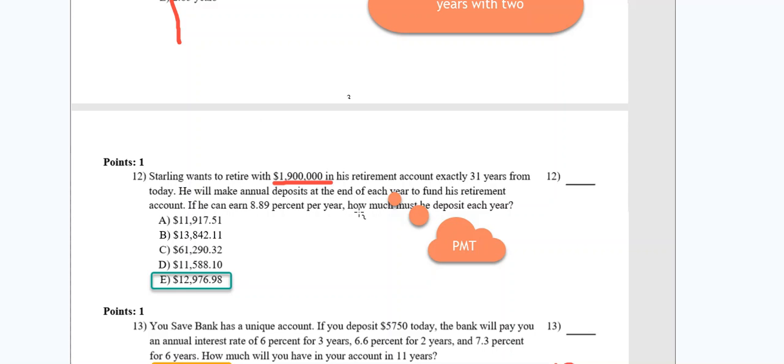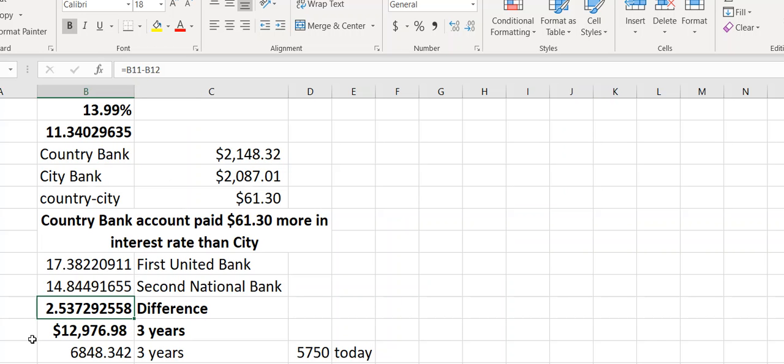So that means PMT function application. Each year you are depositing a constant amount. So what is that amount? It can be known with the PMT function. So you have that future value, you have the interest rate, there is no present value, and the number of years is 31. So let us use the function PMT to find the answer.